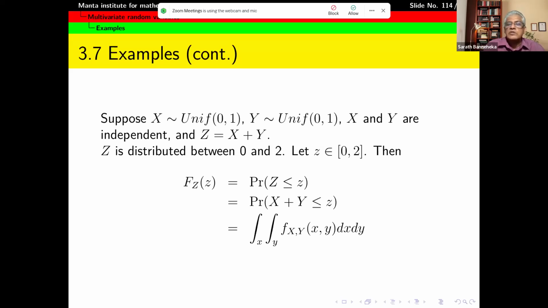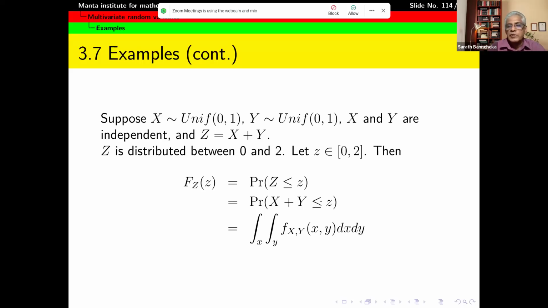Right? So let us select any sample Z value in this 0, 2 interval. Then at that small z, the cumulative distribution function of capital Z, denoted by FZ, is by definition the probability that Z is less than or equal to small z, which is the probability that X plus Y is less than or equal to small z.